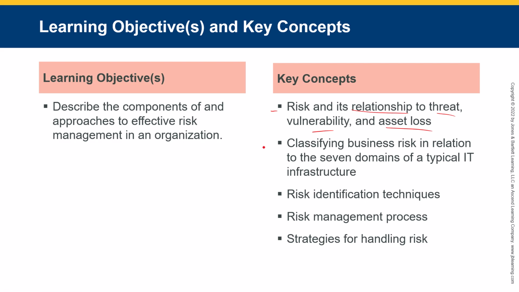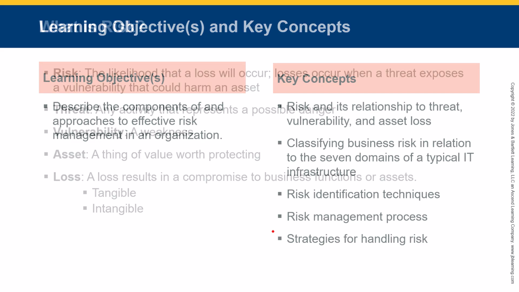We're going to be looking at classifying business risk in relation to the 7 domains of typical IT infrastructure. We're going to be looking at risk identification techniques, management process, and strategies for handling risk. So those are our key areas that we're going to be focusing on in this fundamentals chapter.